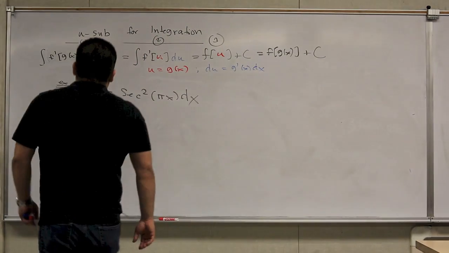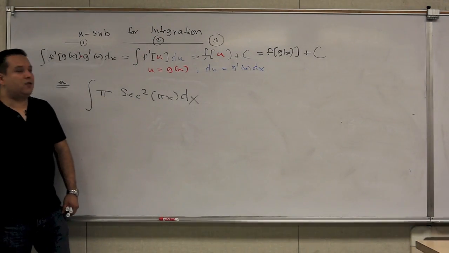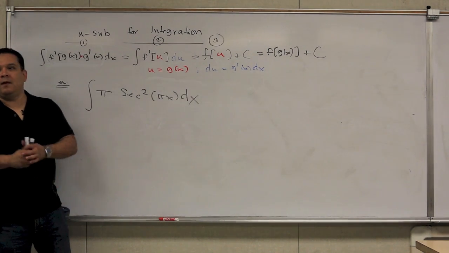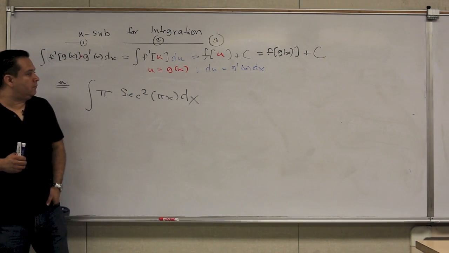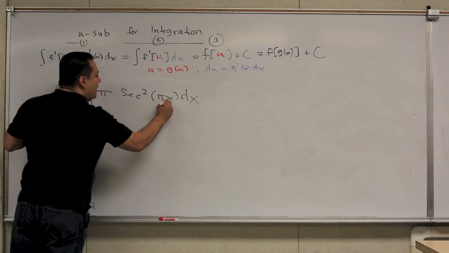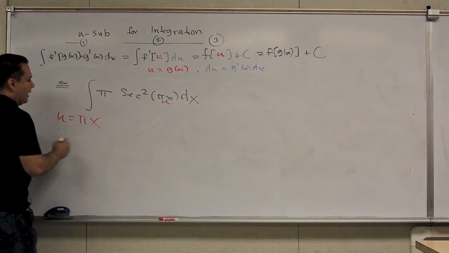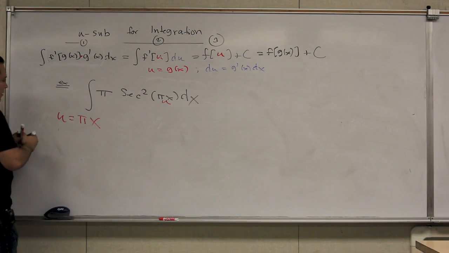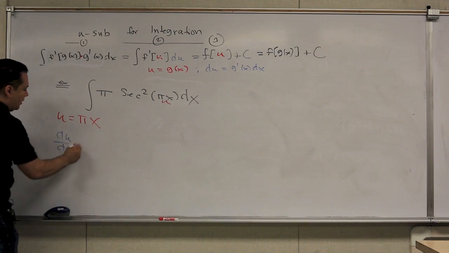Okay, let's try this example here. Let's try this, okay? Well, what's the inside function? Isn't u pi x? So you're going to let u be pi x. If u is pi x, let's differentiate u now with respect to x.